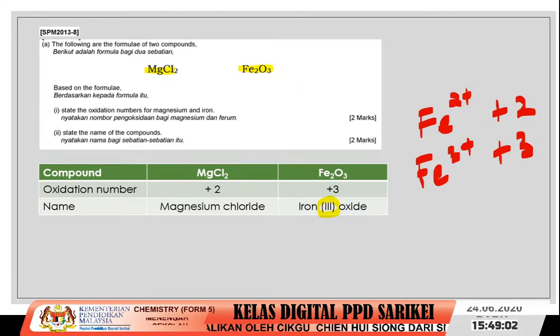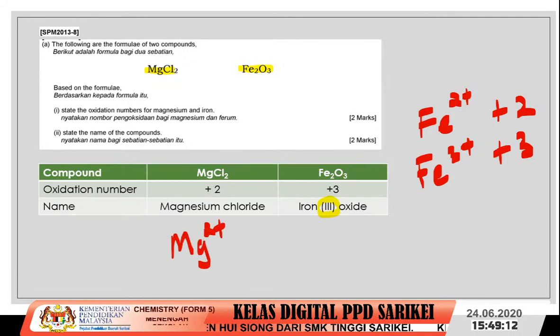But magnesium is not a transition element, so magnesium can have only one oxidation number, as Mg2+. That is why we don't include a bracket with a Roman numeral in the naming of magnesium chloride.